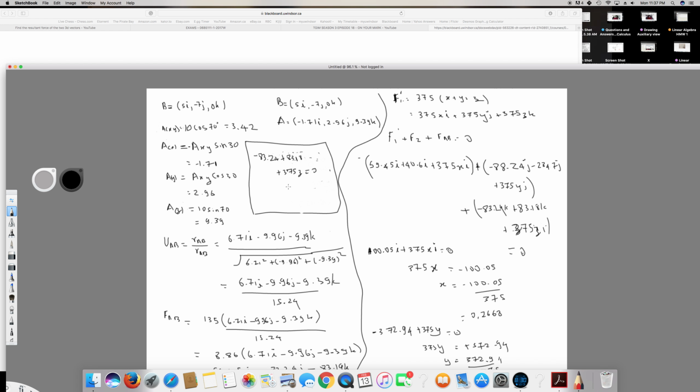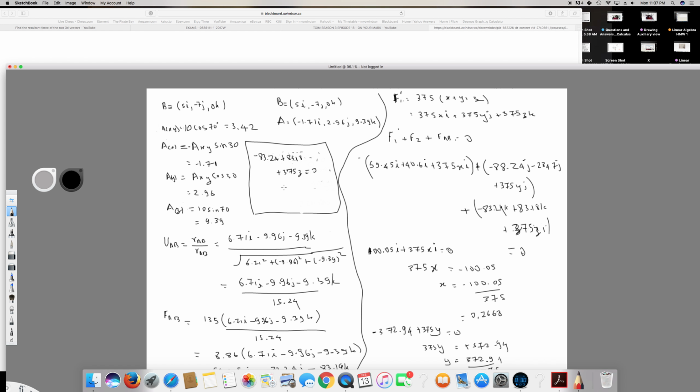Let's see what happens. 83.24 plus 83.18 is equal to, it's minus, so 83.18 minus 83.24. That is equal to 0.06.